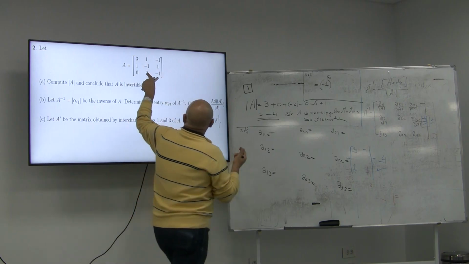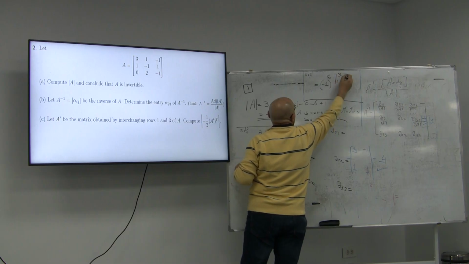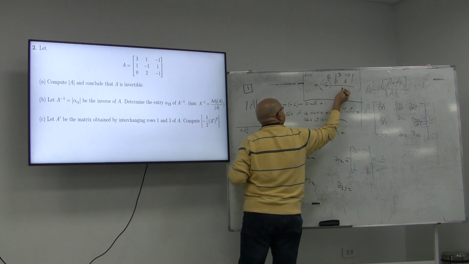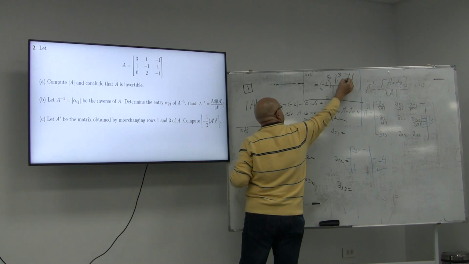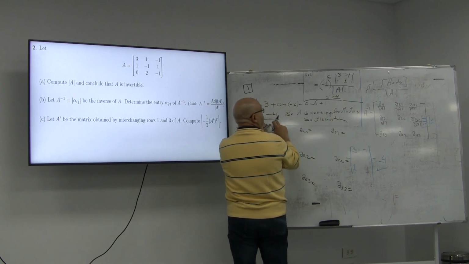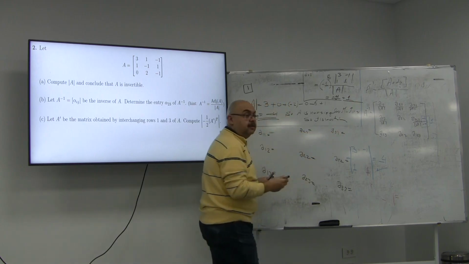The determinant will be 3 1 negative 1 positive 1. This is the value of the adjoint matrix. To get the inverse, it must be divided by the determinant of A, which leads to 3 times 1, it's going to be 3 plus 1, so it's going to be 4. The sign will be negative. The value of the determinant, you already know that it's negative 4, so the result will be positive 1.